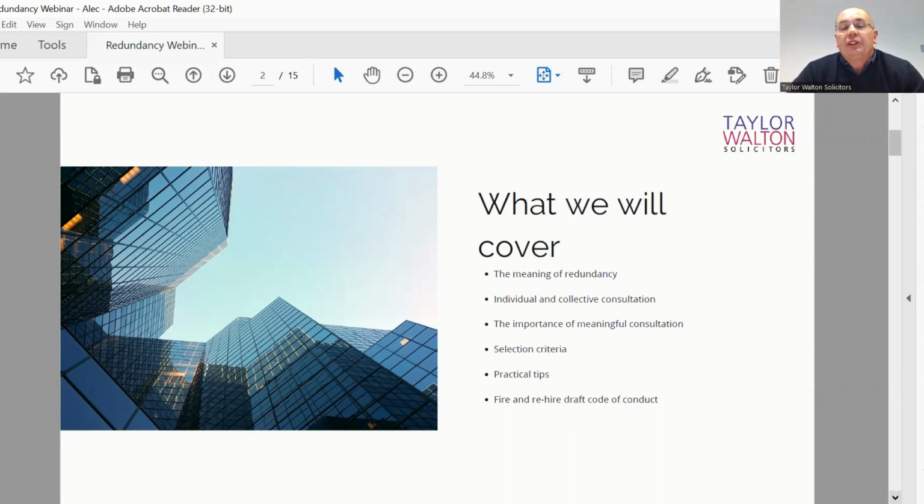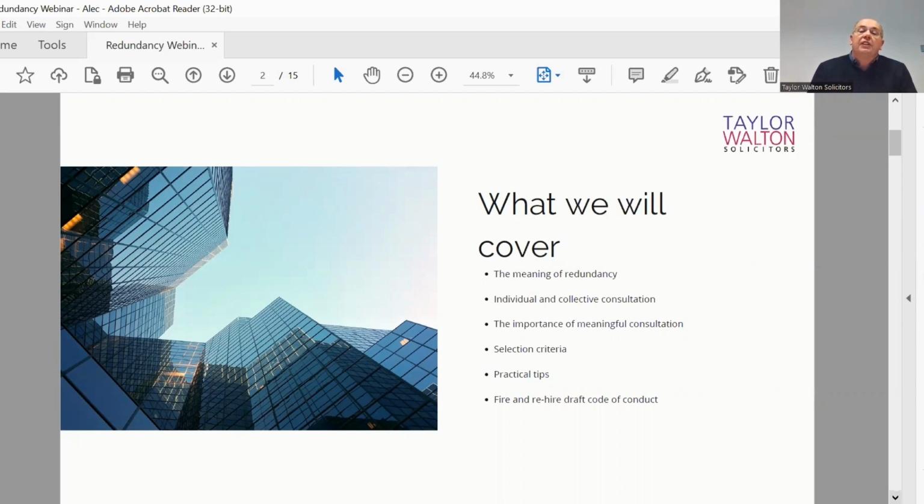We will then go on to discuss individual and collective consultation, when collective consultation with representatives of the workforce is required. We'll then go on to discuss the importance of meaningful consultation, going through the stages of consultation and what should be covered during that process.